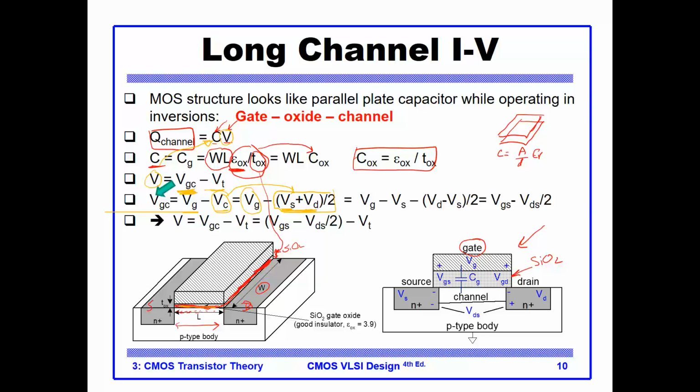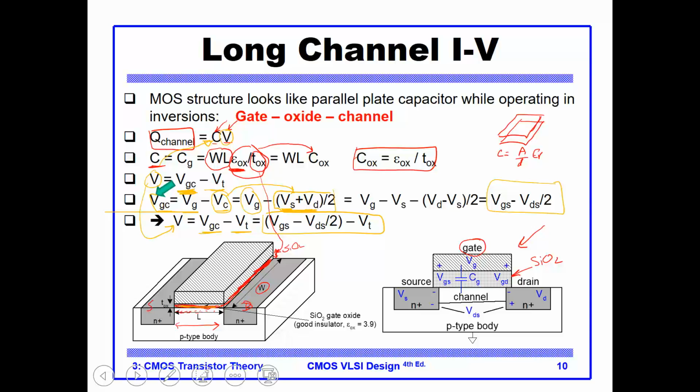Okay, so this is VGC. We manipulate the terms a little bit and we get VGS minus VDS over 2. So again, let's compute here VGC minus VT, and it is equal to this expression, which is VGS minus VDS over 2 minus VT.